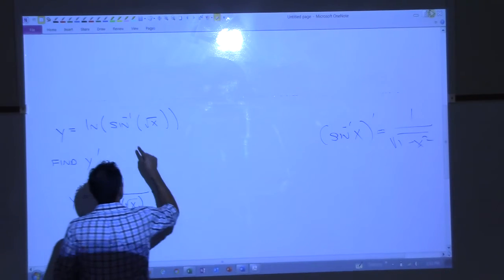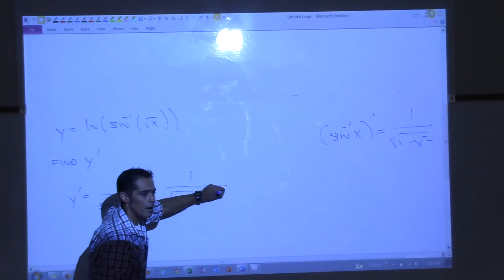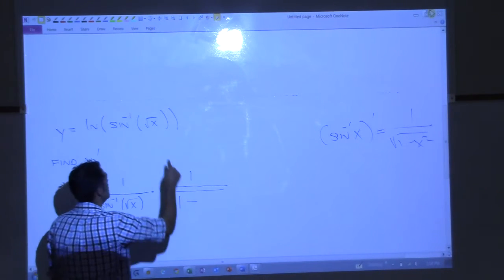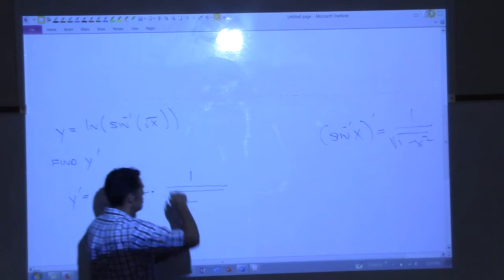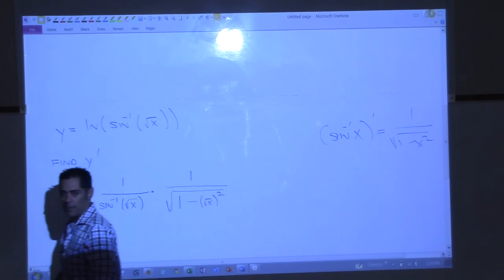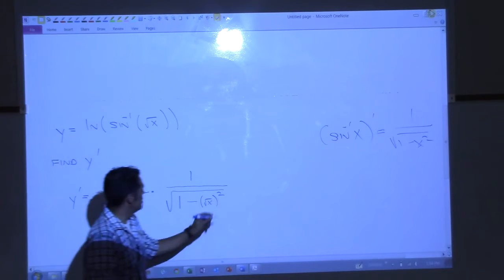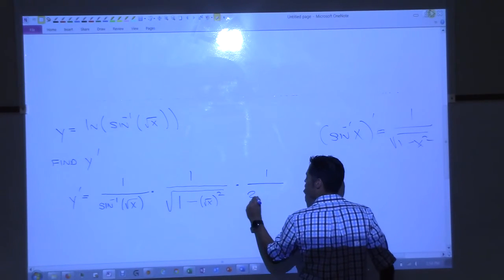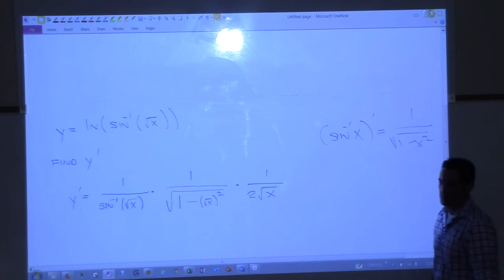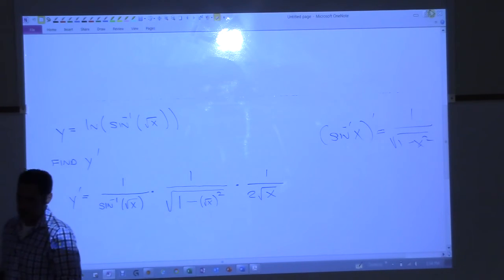Okay, so it's going to be 1 over the square root of 1 minus this thing squared, which is just going to be x, but I'm going to put square root of x squared so everyone understands where that came from. Times, now the derivative of the square root of x, which is 1 over 2 root x. That's the derivative.